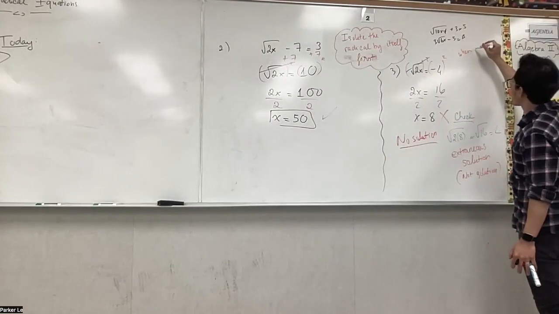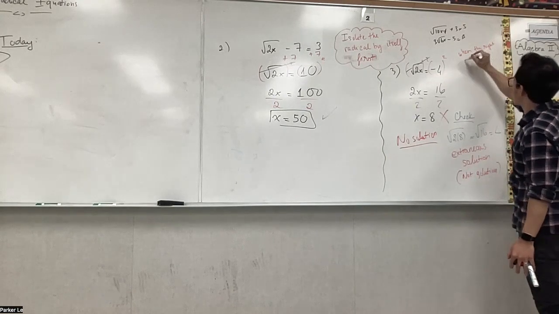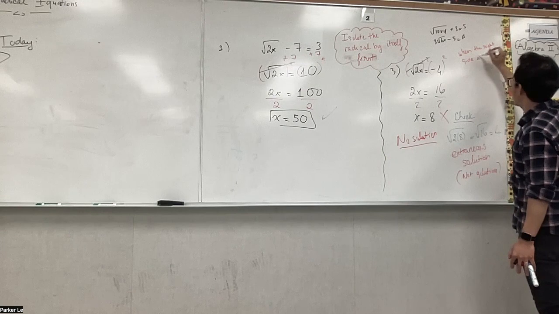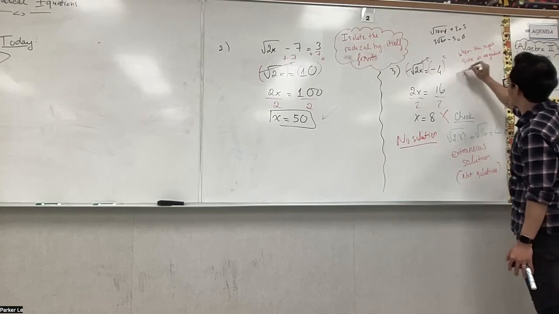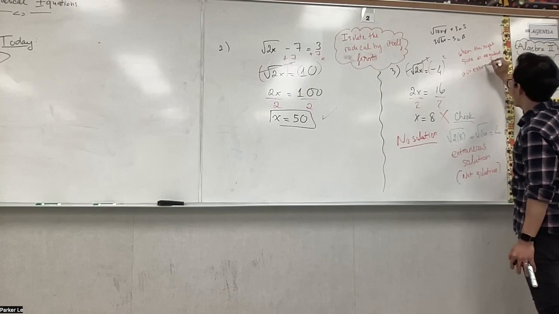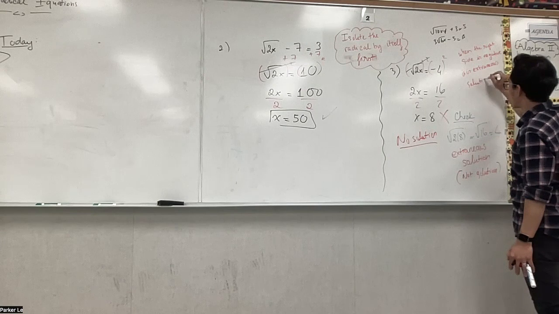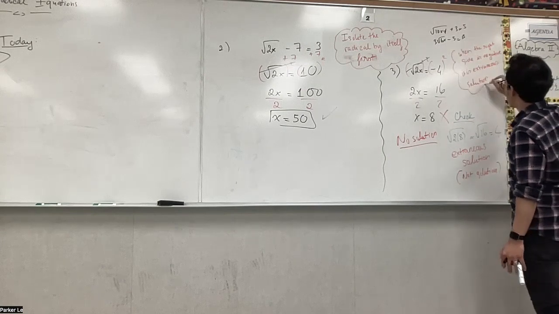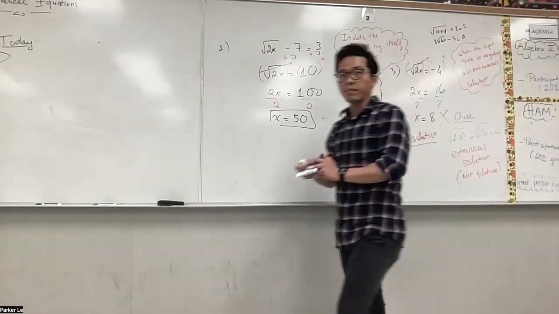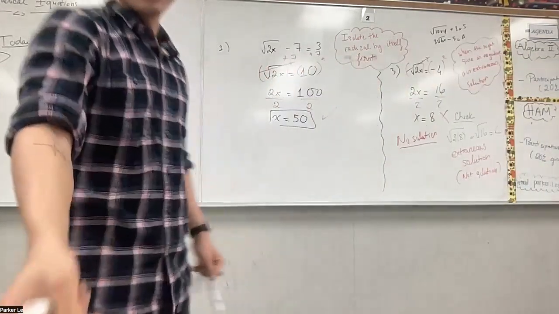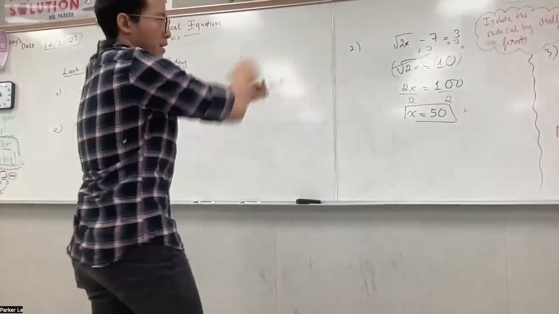When the right side is negative, it is an extraneous solution. Because remember, when you take the square root, it can never be negative. And we don't deal with imaginary numbers anymore. We know about it, but we don't use that because it's imaginary.